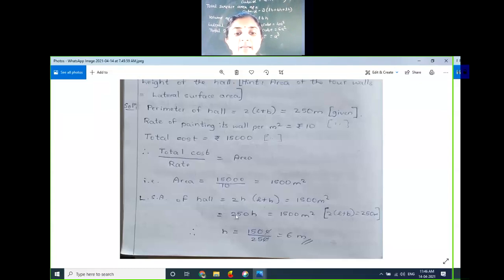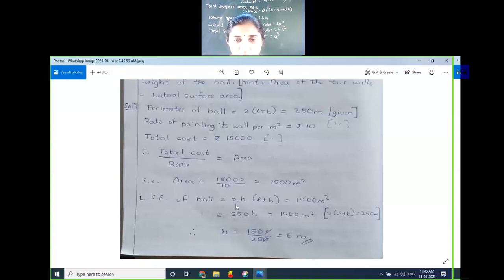Yes. Now here the LSA of the hall is equal to 2h into (L plus B). We already have the area now. LSA of the hall is nothing but the area of the 4 walls. In the hint it is given, no? So we take 2h into (L plus B). LSA is equal to 1,500 meter square.